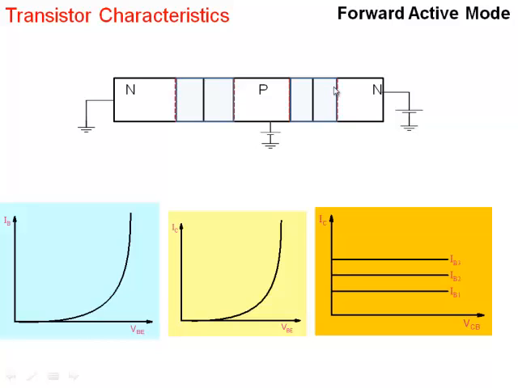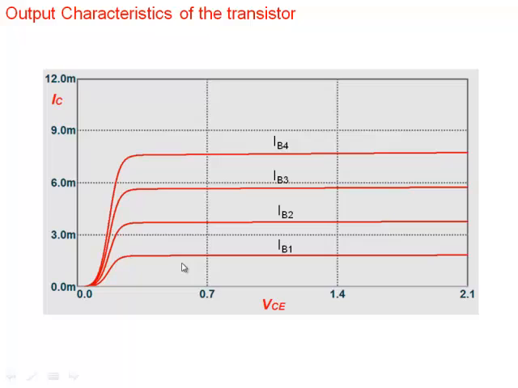That's what I have said. There's a difference between the collector base voltage and the collector emitter voltage here. Collector emitter is between this region and this region here. It involves two junctions here, this junction and this junction. All that I'm saying right now is that collector current is independent of collector base voltage here. Now this is a plot of collector current versus collector emitter voltage. Okay, so it's a different plot.